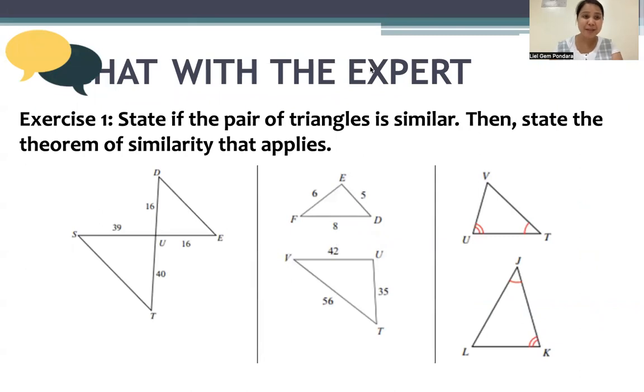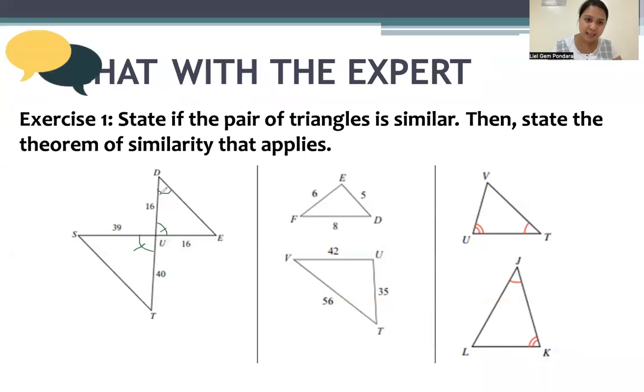We still have the next pair. We still need to state if the pair of triangles are similar or not. Let's have the first one. What's the given? If you see the given, that's 16 and 16, 39 and 40. Remember, these two are vertical angles. Therefore, since they are vertical angles, then their measures are the same. 16 and 16, they are equal.